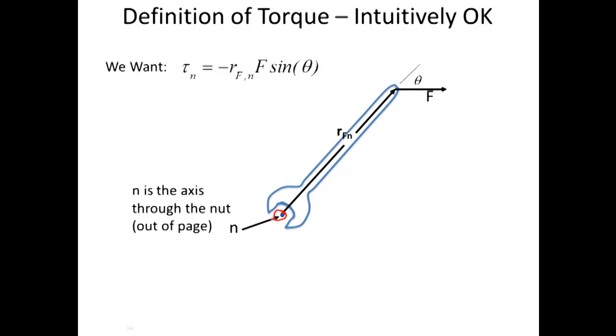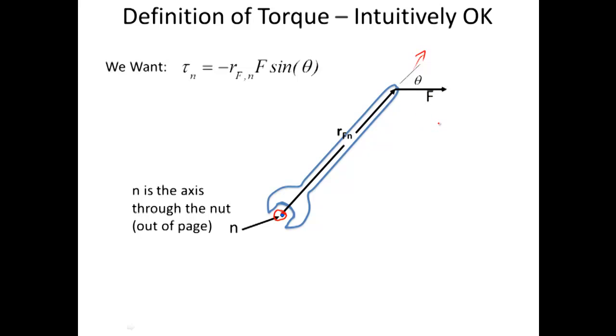Then the torque itself is proportional to the distance that the force is applied away from the nut, times the magnitude of the force, times the sine of the angle between the axis of the wrench, or the displacement vector, and the force itself. That assures that when the angle is zero, in other words, when you pull right along the axis of the wrench, the torque will be zero, and it will be maximized when the angle is 90 degrees.